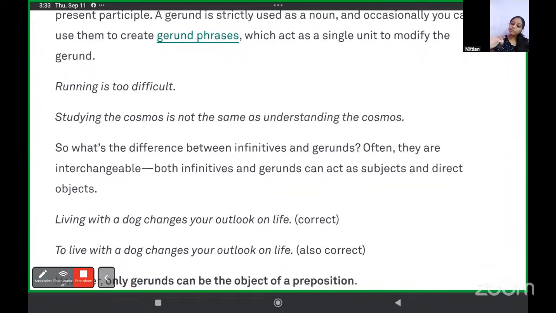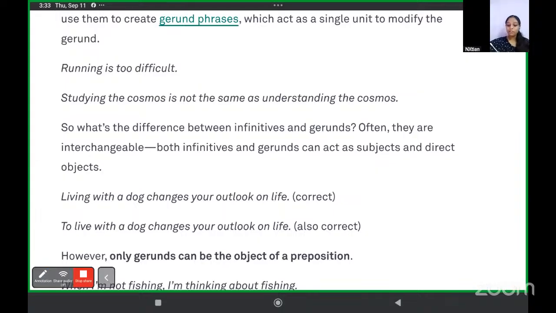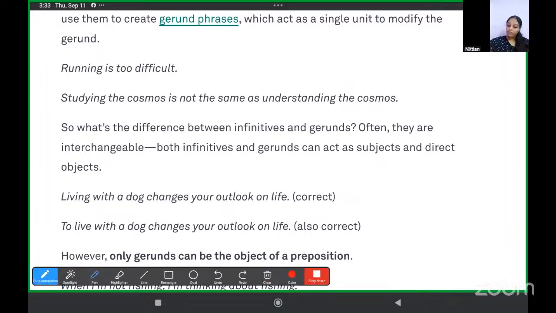So what's the difference between infinitives and gerunds? Often they are interchangeable. Both infinitives and gerunds can act as subjects and direct objects. Living with a dog changes your outlook in life. To live with a dog changes your outlook in life. Ma'am. Yes, Cedric. Okay, so what is the difference between bare infinitive and gerund?